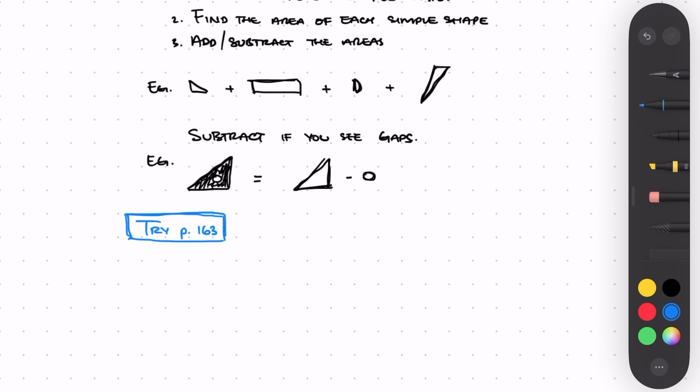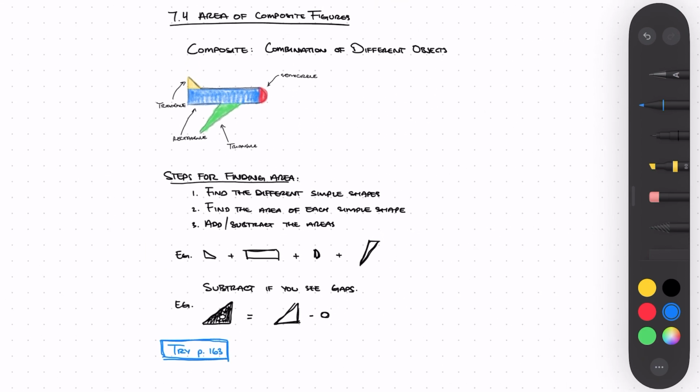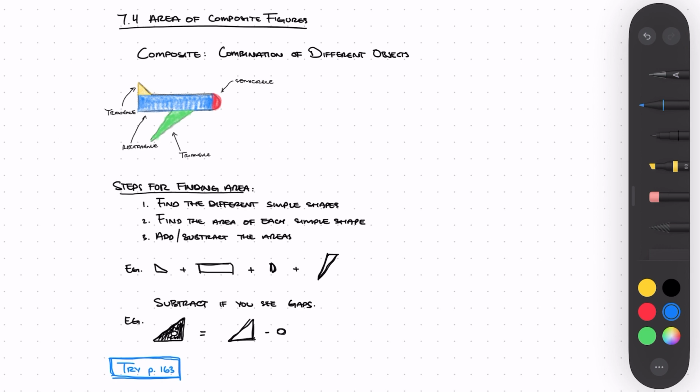It's just a few steps on what you'll need to add and subtract, and then you'll need to figure out the different areas as well. This right here are the notes that you will need to copy. So go ahead and copy this into your notebooks, and we should be good to continue. Once you're done with the try questions, you can go ahead and try the independent practice. It just gives you a bunch of other shapes that you can test out as well. All right, that is it.